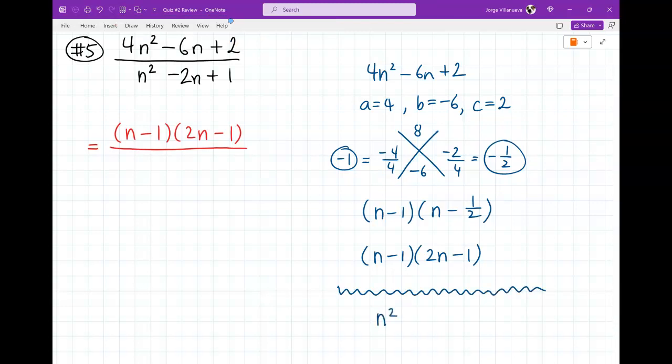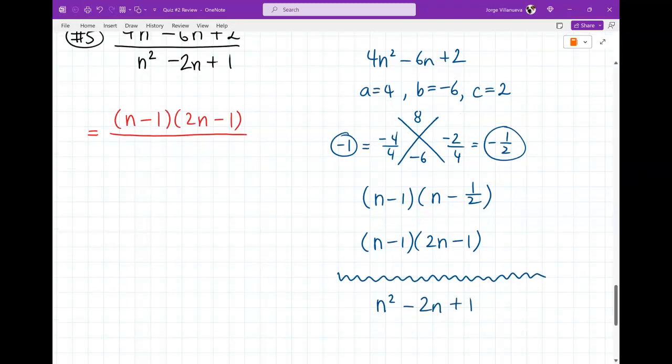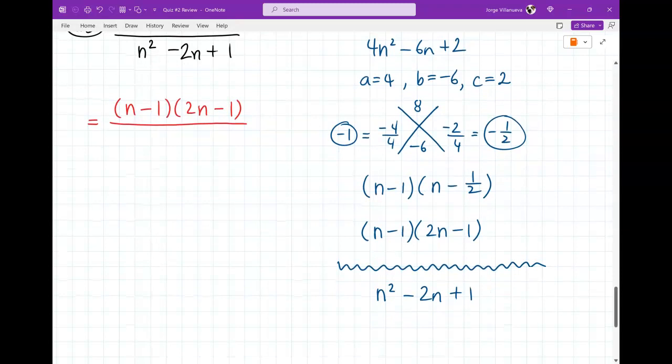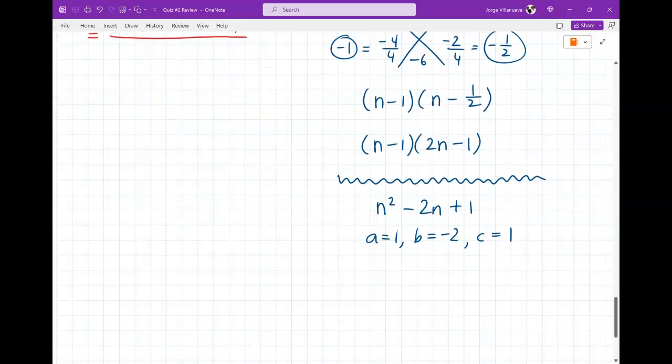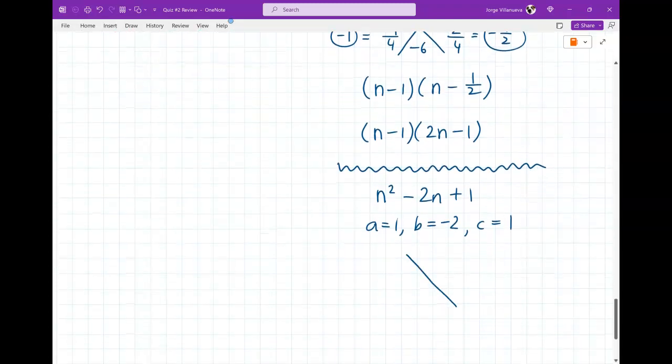So n squared minus 2n plus 1. So a is 1, b is negative 2, c is 1. So when I do the x method, 1 times 1 is 1, b is negative 2, that goes in the bottom. What 2 numbers multiply to positive 1 add up to negative 2?